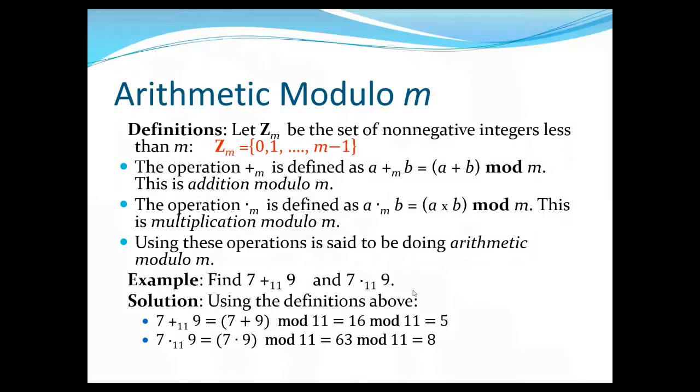That's the meaning of arithmetic modulo M. And here, 7 times 9 modulo 11, when we divide, the remainder is 8. So that's arithmetic modulo M.